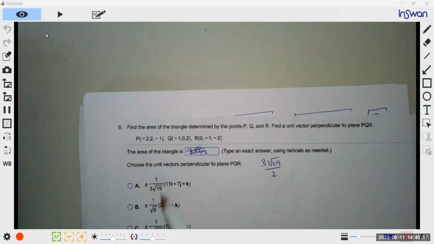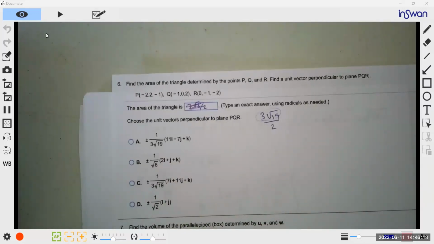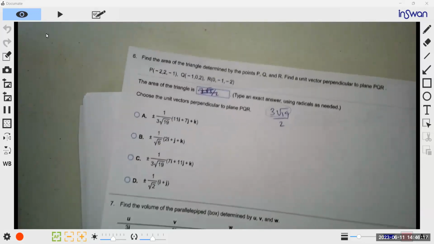And so we can also use this because the vector perpendicular is to flip that one because it's 1 over this value. So the only ones that match that are these two. But the only one that matches our vertex is that.